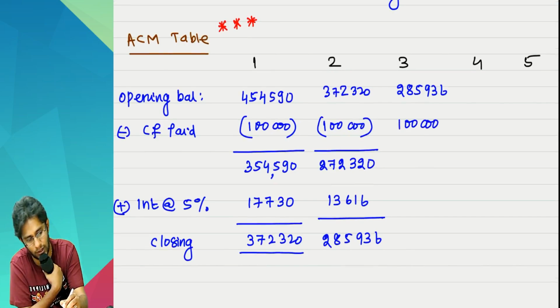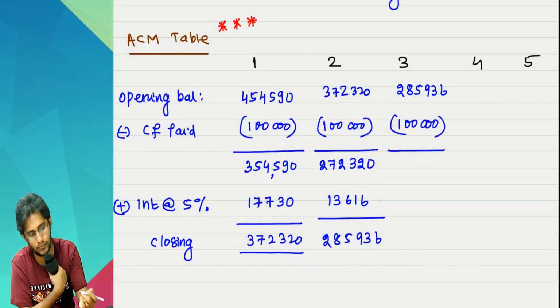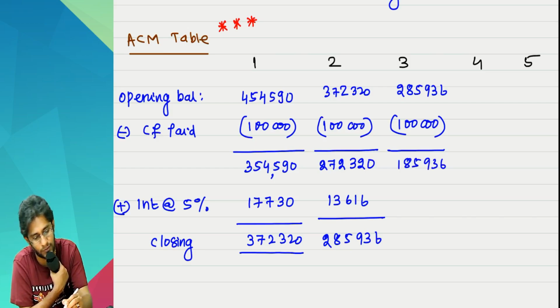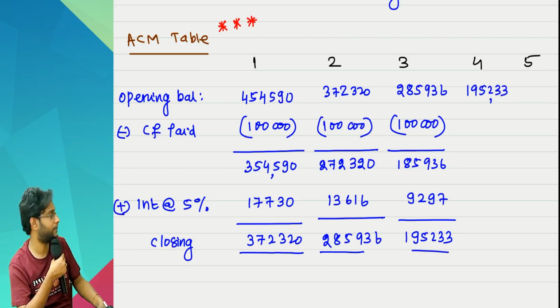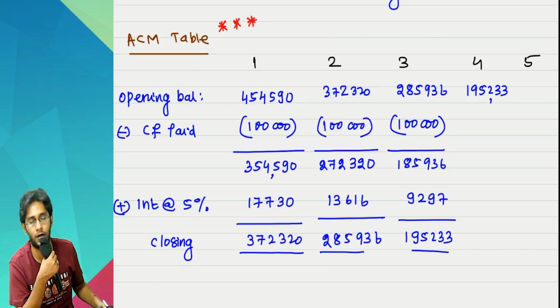Again minus 1 lakh, 185,936. Next, 5% interest, and closing 195,233. You can stop there. You need not go further.